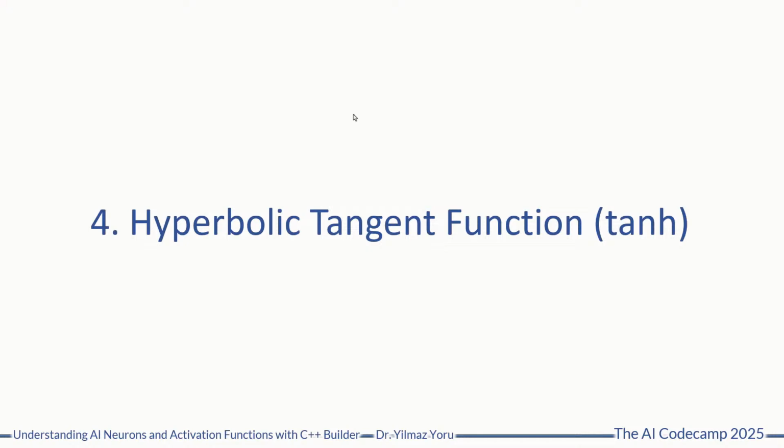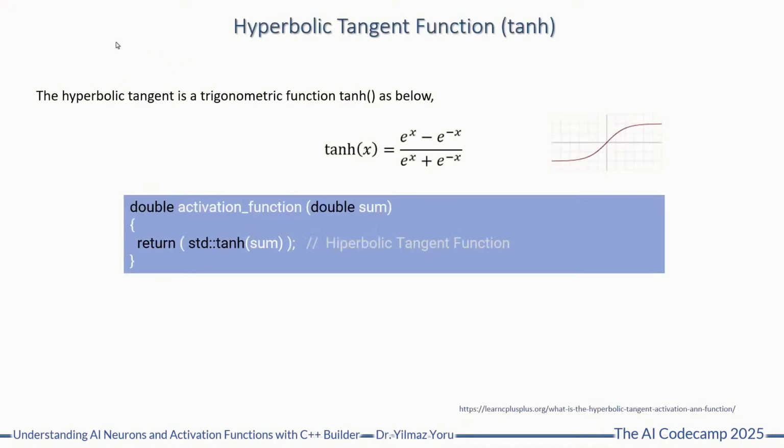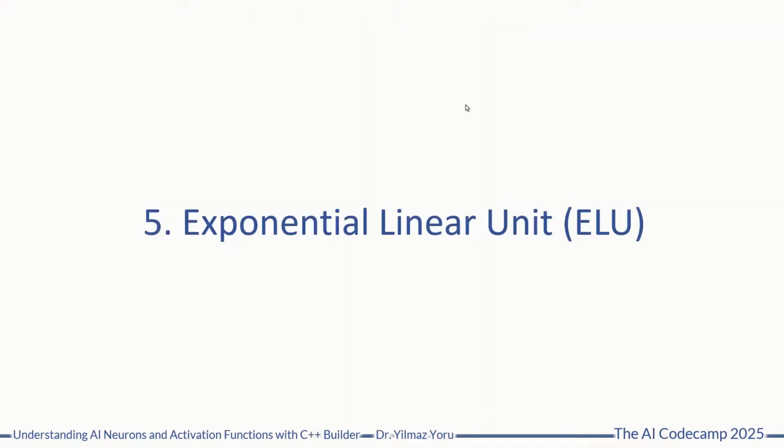The fourth one is the hyperbolic tangent function. It's a trigonometric function that we use as below. So here is the example of the activation function. We can say it is maybe much smoother than the logistic function. The fifth one is the exponential linear unit function.